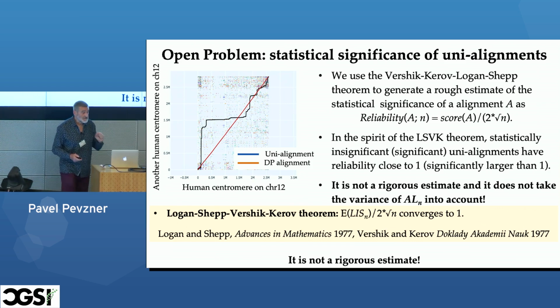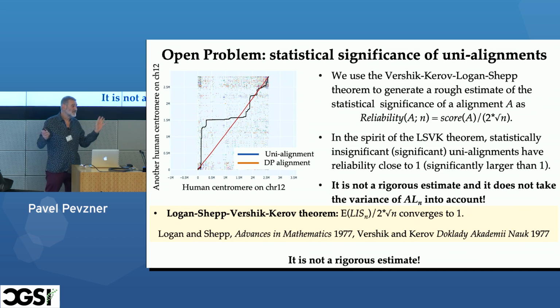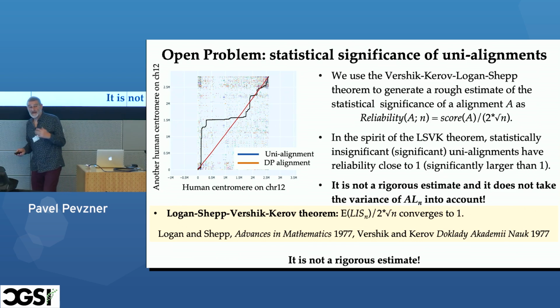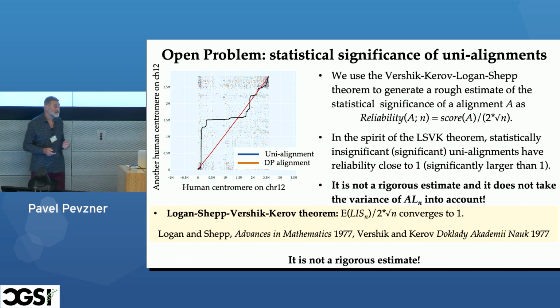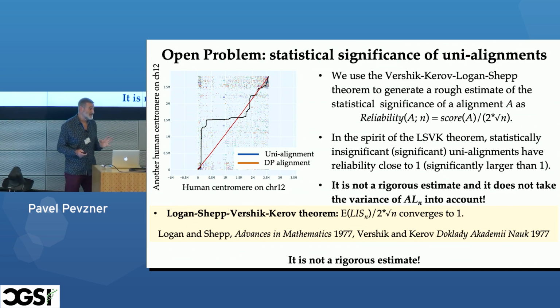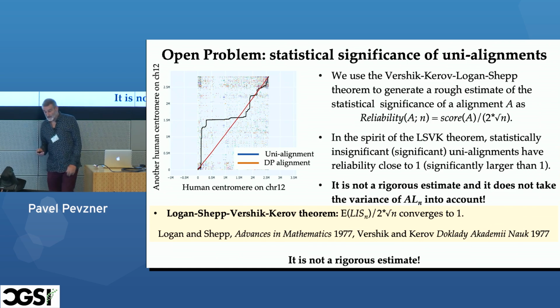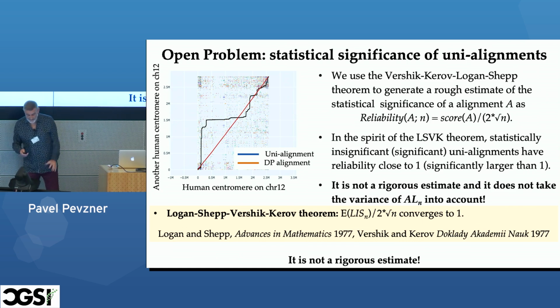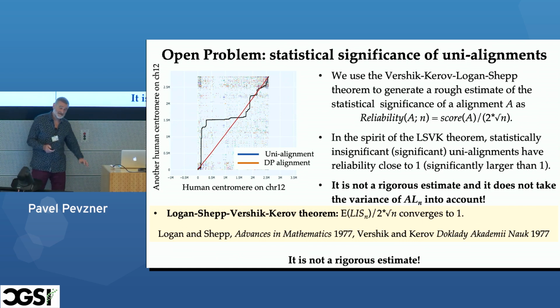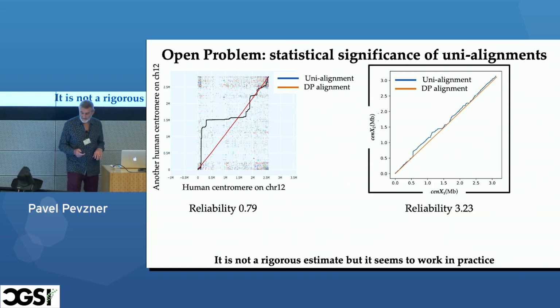If this value is close to 1, we probably deal with something that is sporadic. If this value is much larger than 1, we probably deal with something that is real, not randomly dropped points on the plane. Once again, it's not a rigorous estimate. It doesn't take into account variance.